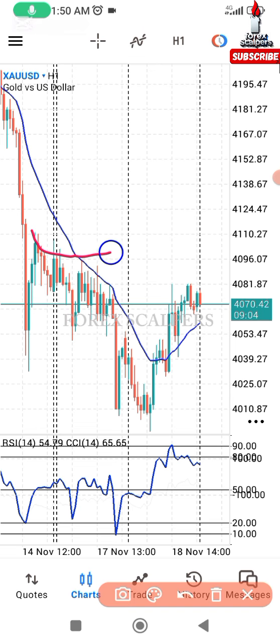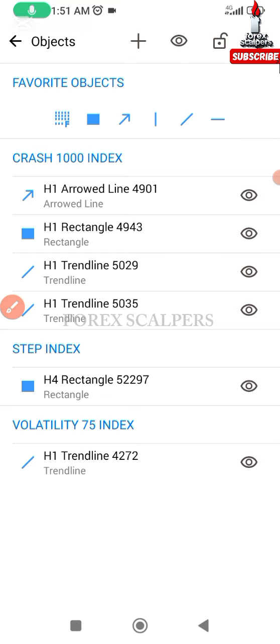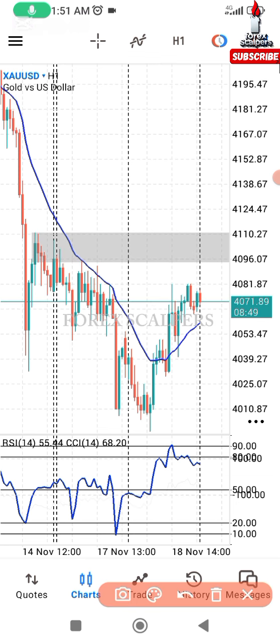So we should be considering here if we want to look at point of interest. Our point of interest should be here. Okay, that is the point of interest that we have, and price has not retested our point of interest.